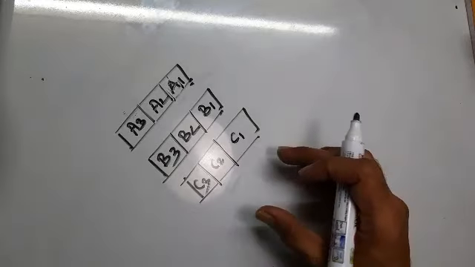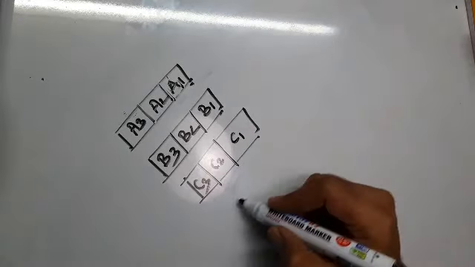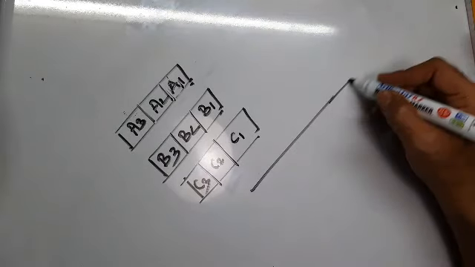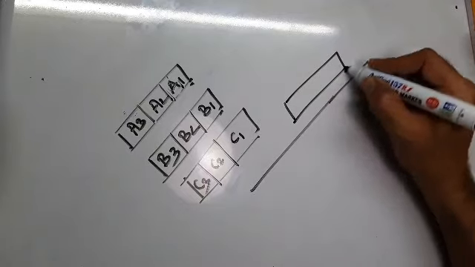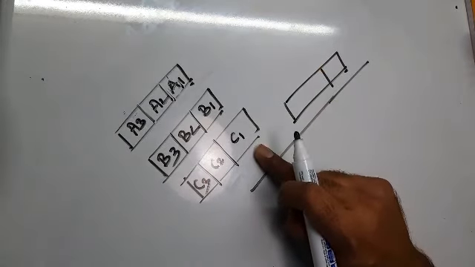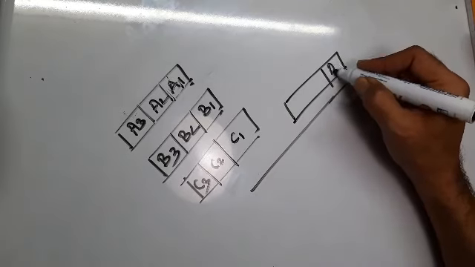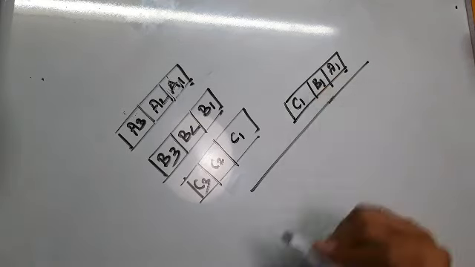While sending these packets, rather than sending a packet individually, the sender creates a new packet which contains chunks from these different packets, that is A1, B1 and C1.